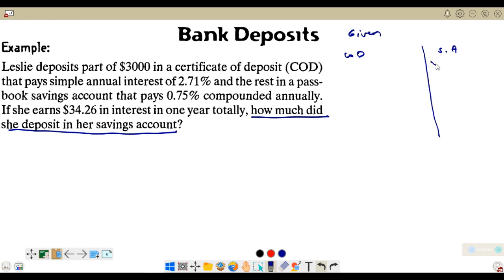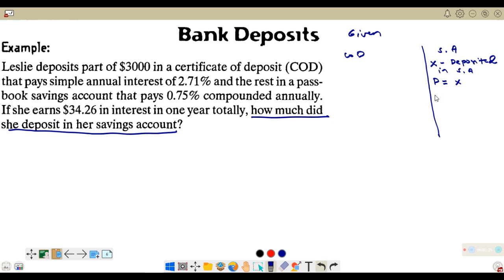So let's call it X. So ito yung amount deposited in savings account. Or simply, P is equal to X. The principal for your savings account is equal to X.